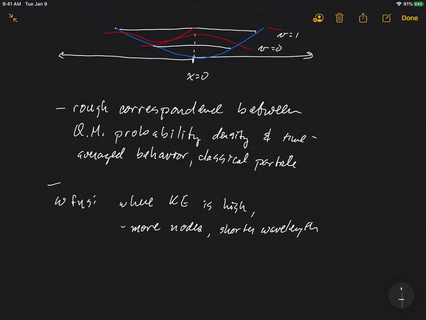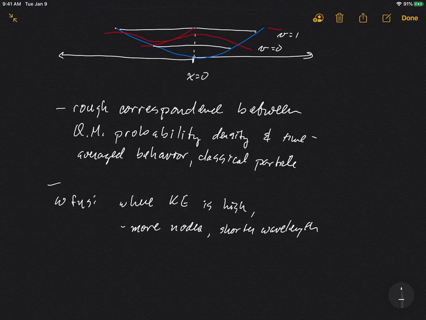In other words, where the kinetic energy is high is where the potential energy is low, right? You have some energy of the state, and in the middle of your harmonic well, the kinetic energy is going to be higher, and at the edges, it's going to be lower.